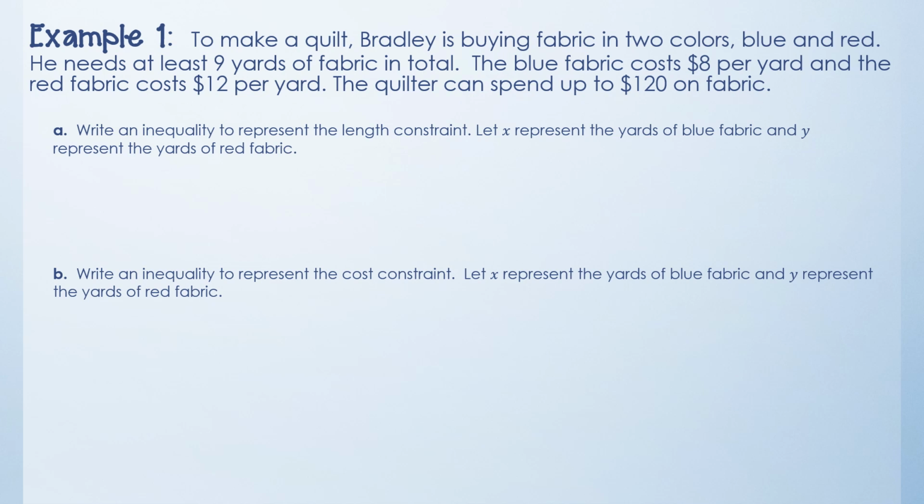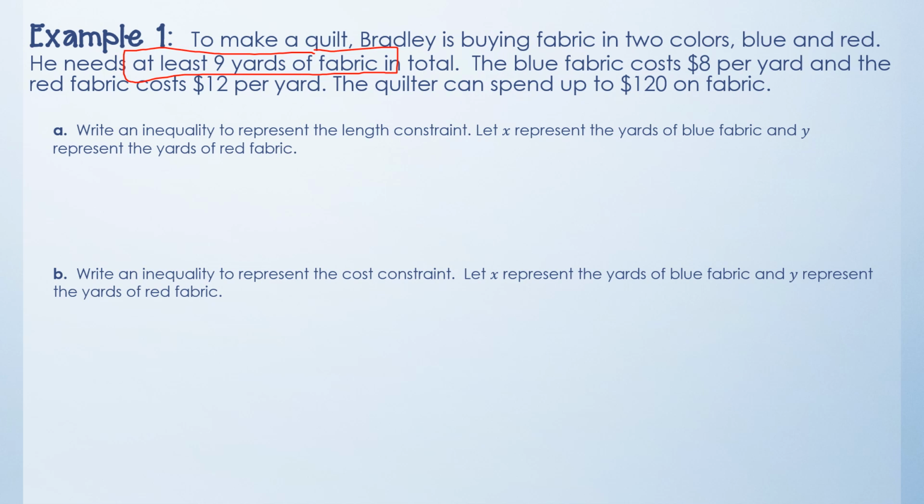So for part A, write an inequality to represent the length constraint. So what's my constraint on the length? He needs at least 9 yards of fabric. So he needs 9 yards or anything greater than 9 yards, okay? And of what? Of the fabric. So we have 2 types of fabric.